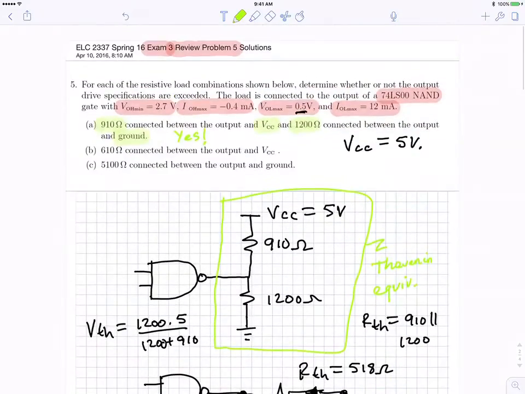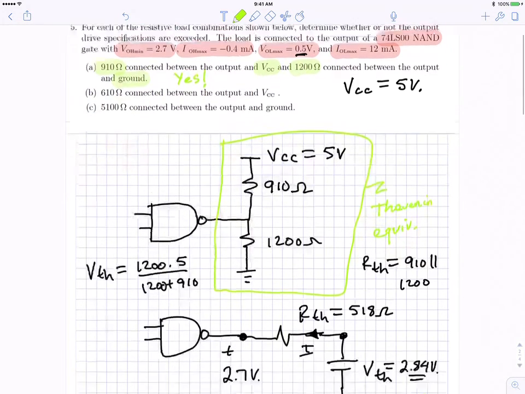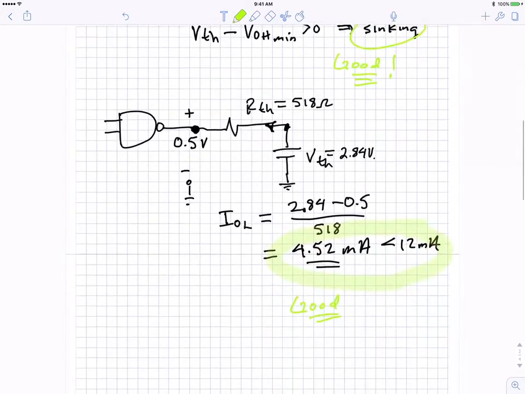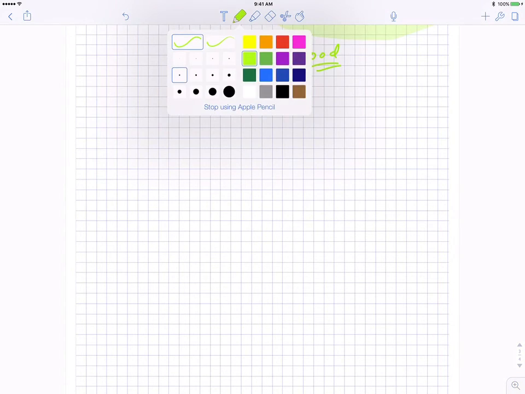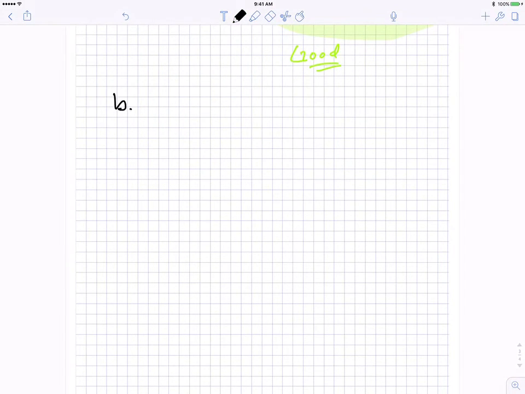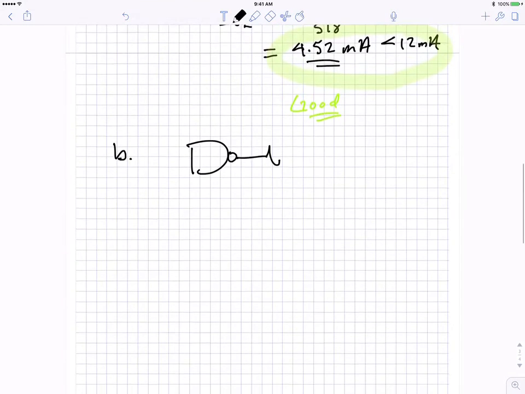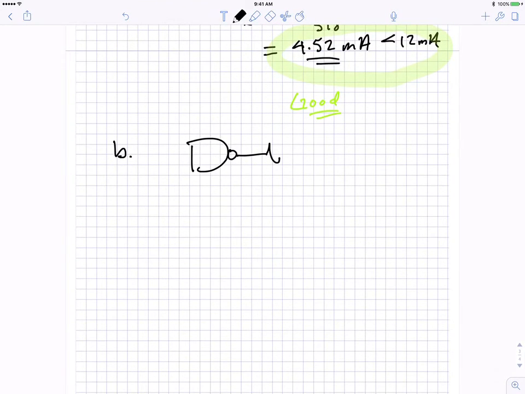Now let's do part B, and in part B we have 610 connected between the output and VCC. Okay, so you see, here's our circuit for part B. Let me start over.